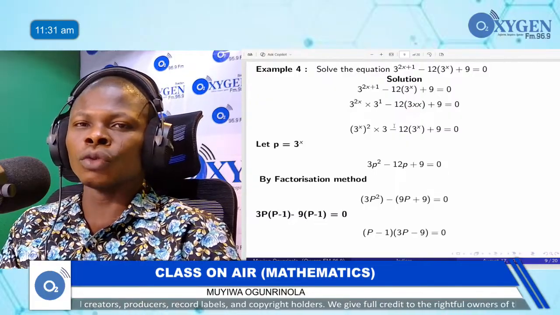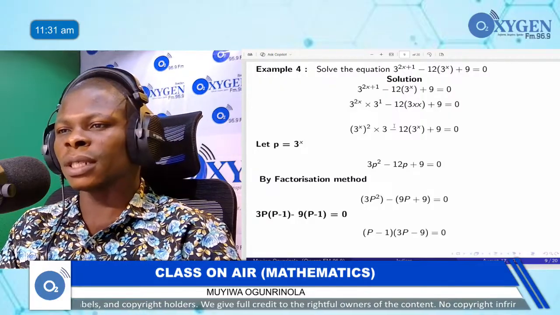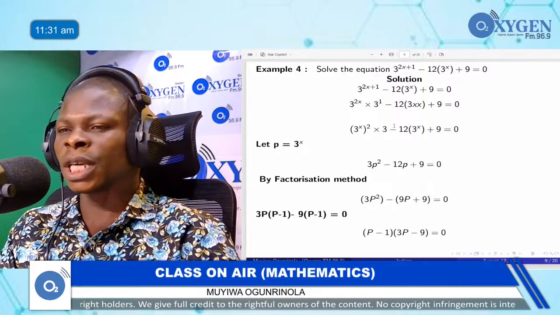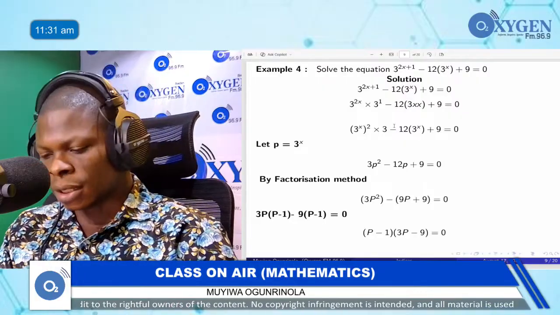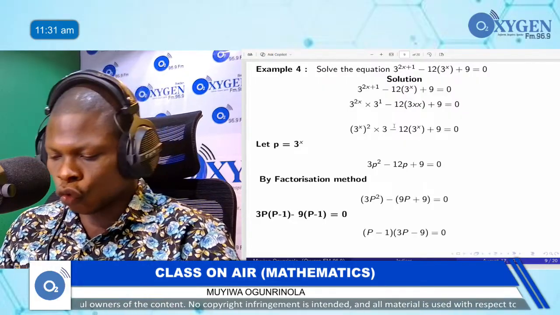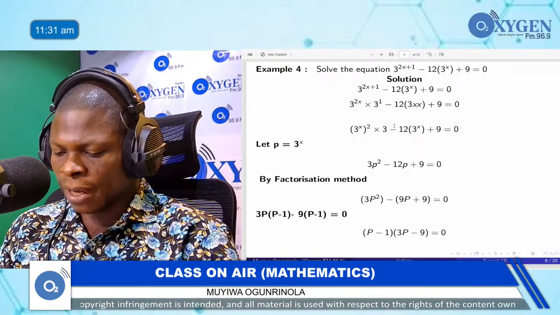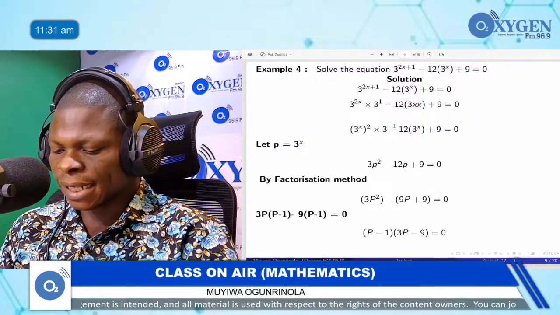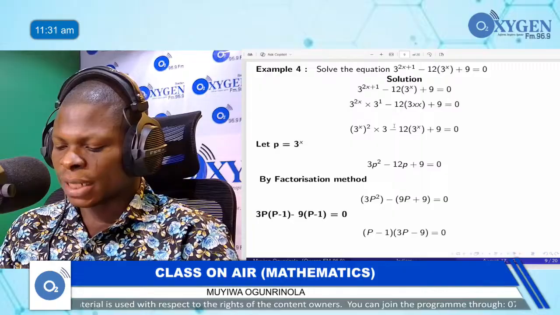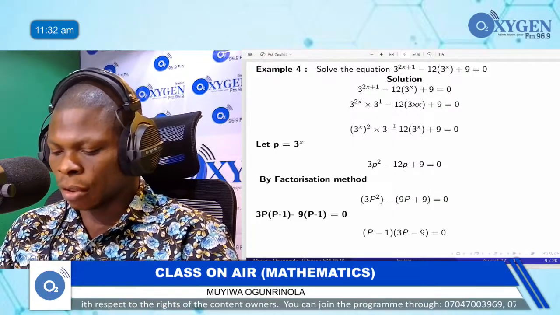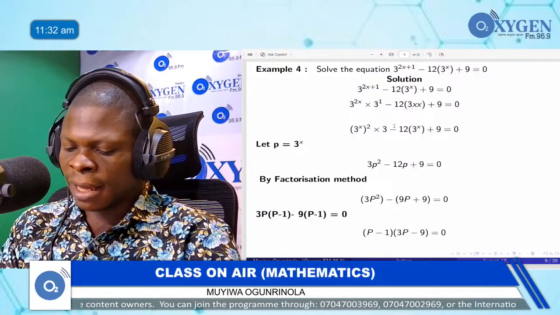Those values are minus 9 and minus 3. Minus 3 times minus 9 gives plus 27, and minus 3 minus 9 gives minus 12. So this will give us (3p squared minus 3p) plus (minus 9p plus 9) is equal to 0.